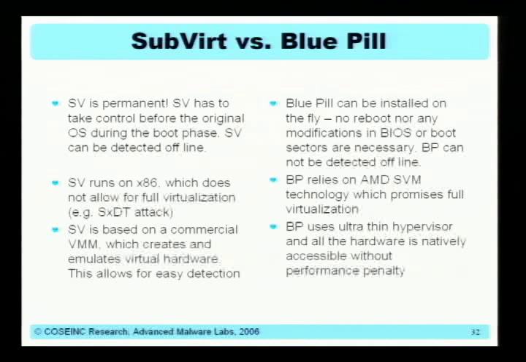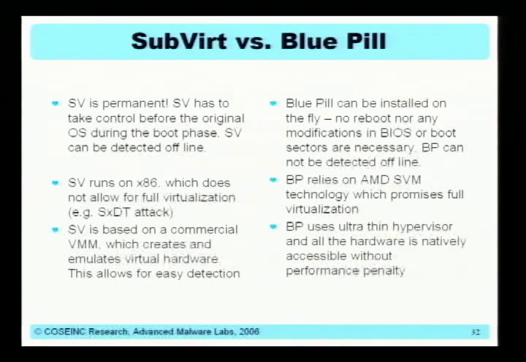For example, I implemented a little program called RedPill a few years ago, which can be used to detect a virtual machine by just using a design issue with this. Because the x86 architecture doesn't allow for full virtualization, because there are sensitive instructions which are not privileged. On the other hand, BluePill relies on hardware virtualization, which promises full virtualization.